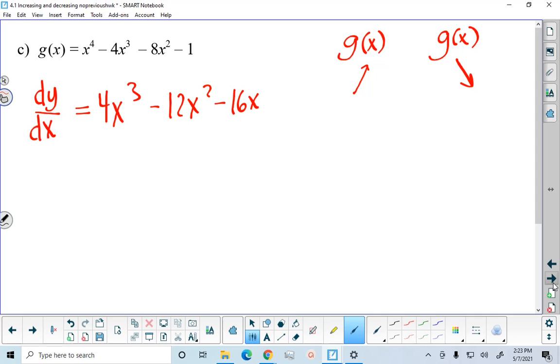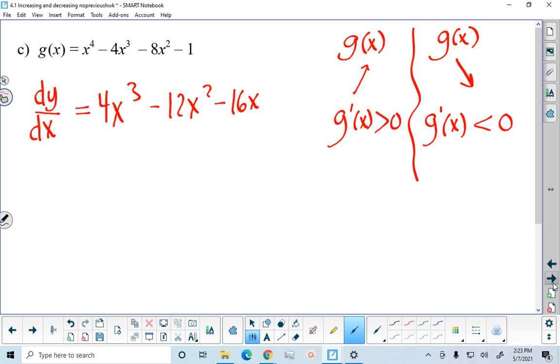We have to decide where g prime of x is positive, because if it's positive, g of x is increasing, and where g prime of x is negative, because wherever it's negative, g of x is decreasing. There's a logic to this.